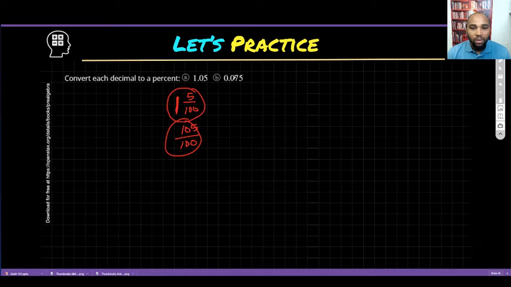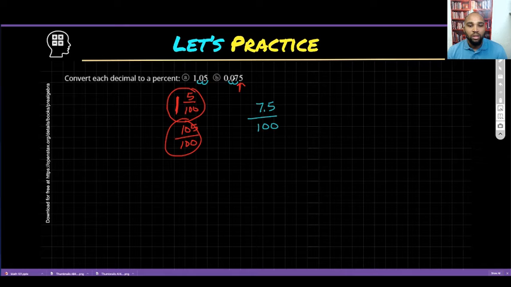What about this one? This one's in the thousandths place right here. Well, all we need to do is move the decimal the opposite way. See, here we moved it to the right 2 spaces. They gave us 105. So we're going to move it 2 spaces. That's 7.5 over 100.